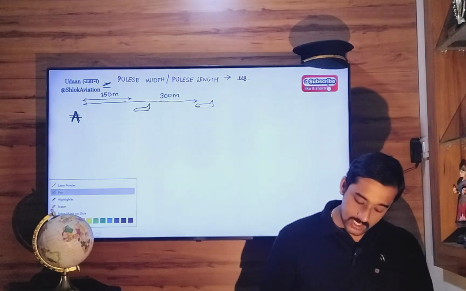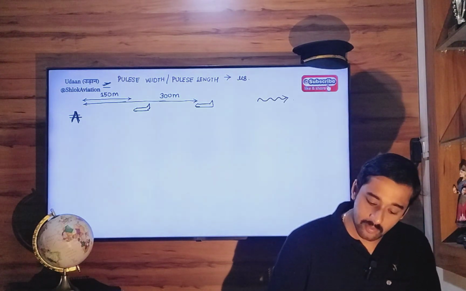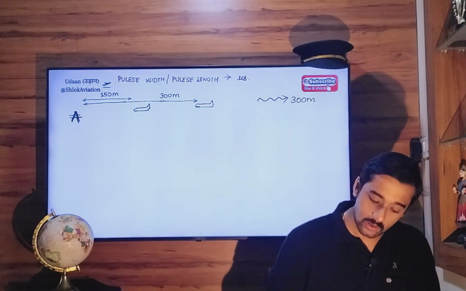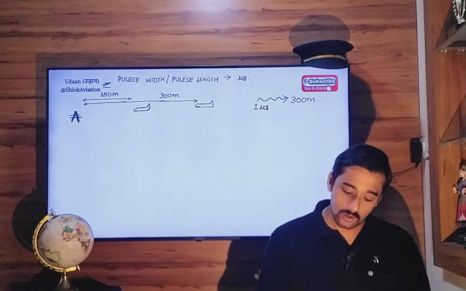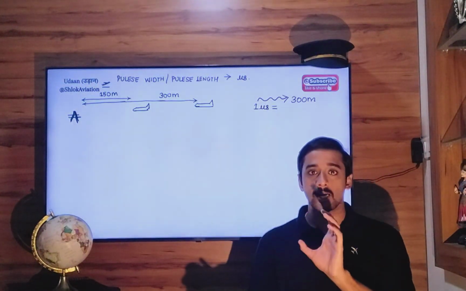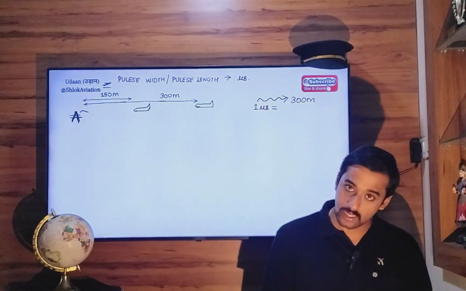Now whatever pulses the transmitter sends, that pulse is 300 meters long. A 1 microsecond long pulse is equal to, in distance, 300 meters long. So let's say this pulse has originated from the transmitter.